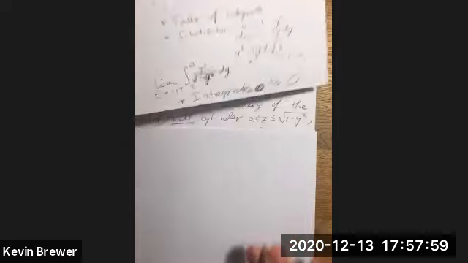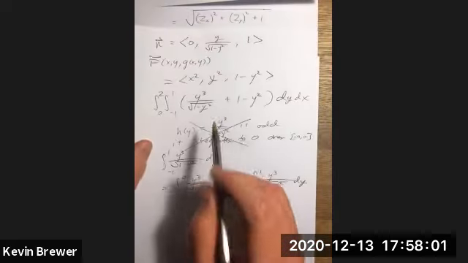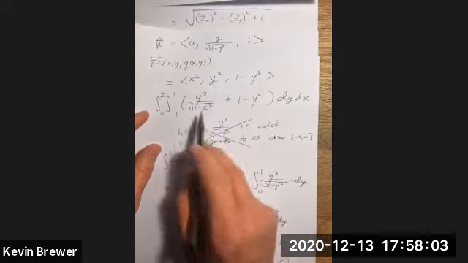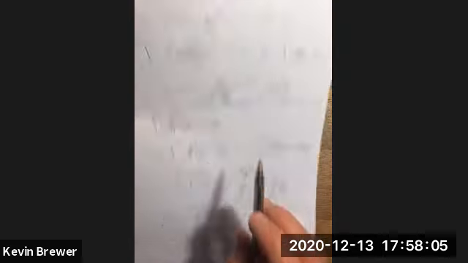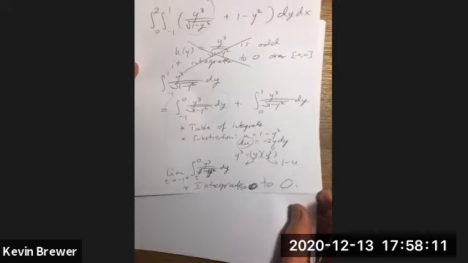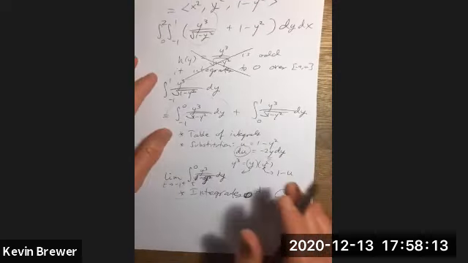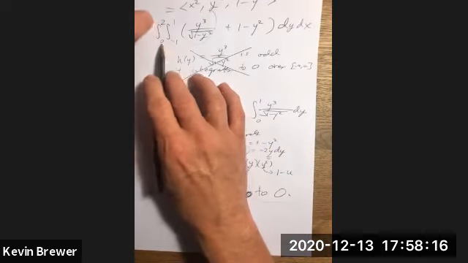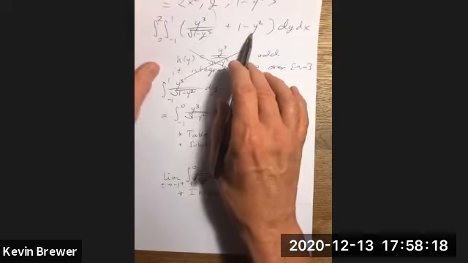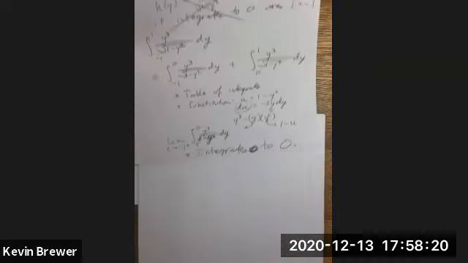But okay, so all the way back up here, it can be shown that this part integrates to 0. So then the whole rest of it is, let's see, what do I want to do? Integral from 0 to 2, minus 1 to 1 of just the 1 minus y squared.